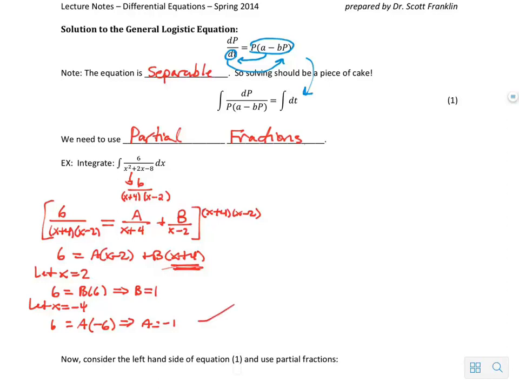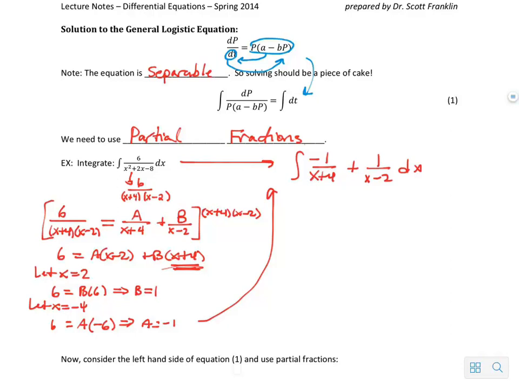All right, so plug that all in. That means this integral is the same thing as the integral of (A over x plus 4, which was negative 1 over x plus 4, plus B over x minus 2) dx. I have split 6 over x squared plus 2x minus 8 into those two fractions. If I were to add them up algebraically, I would get the original integrand. But now I can integrate both of these simply.